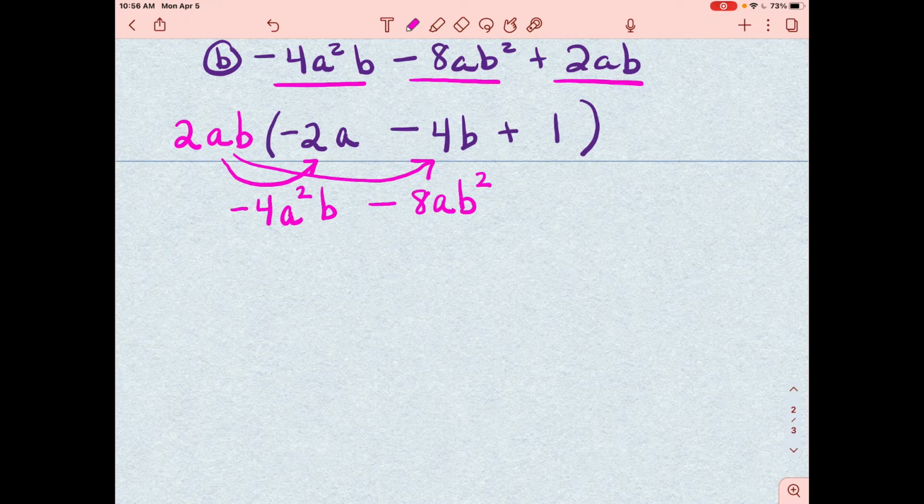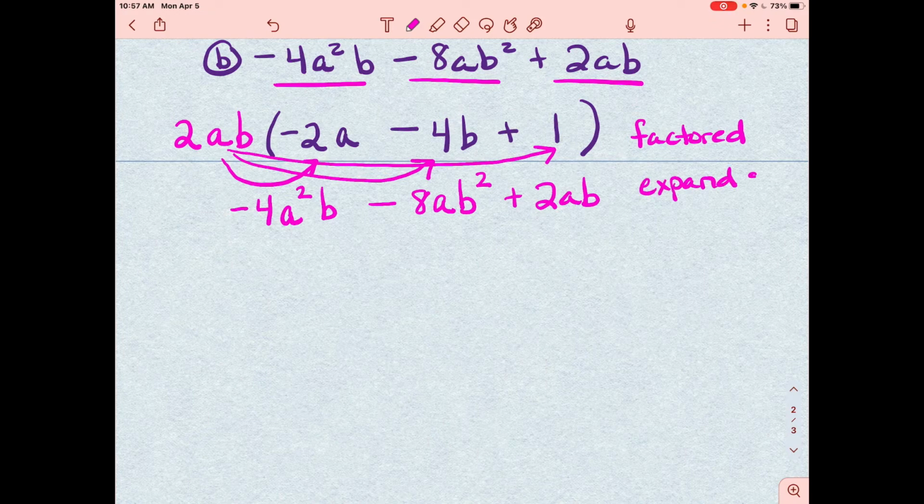All right, and then 2ab times 1 just gives me 2ab. So notice that the distributive property is a way of checking my factoring. So this was factored, and then I used the distributive property to expand it and check.